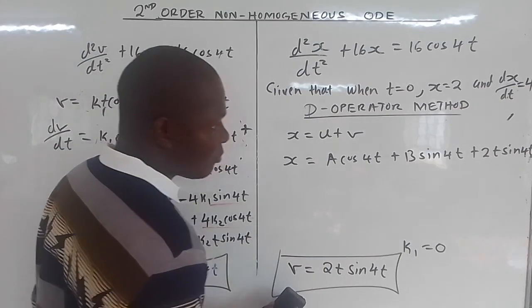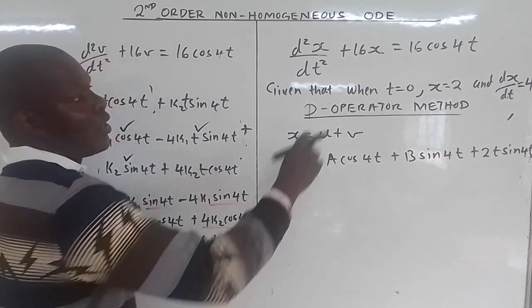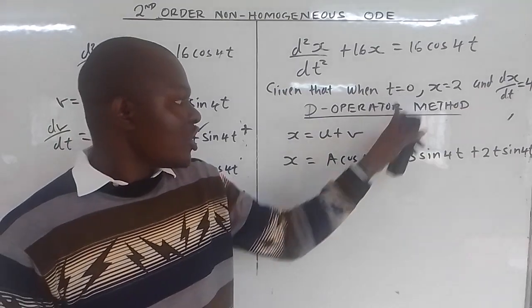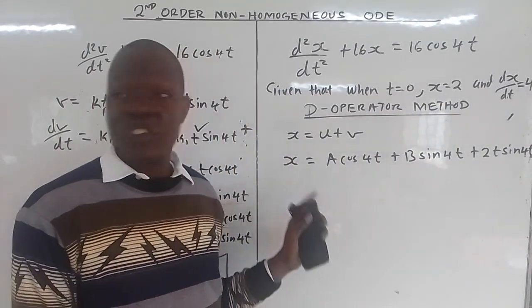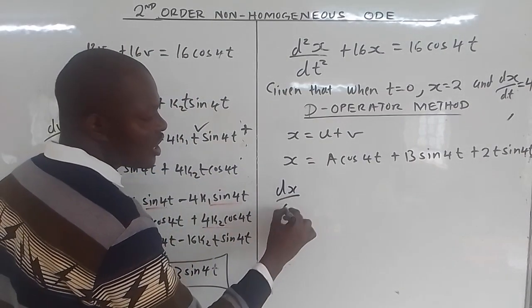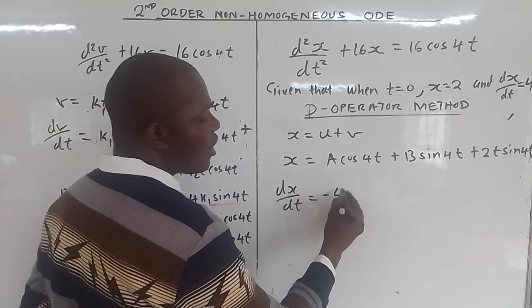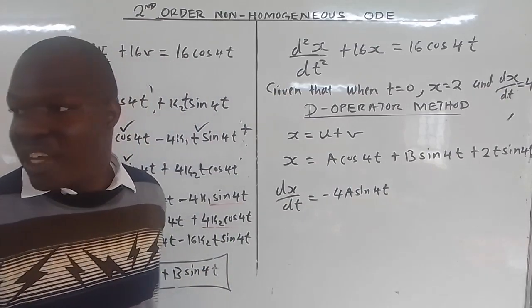So start the boundary conditions. When x is 2, t is 0, isn't it? So when we have dx over dt, meaning we need to differentiate this equation, isn't it? So if we differentiate x with respect to t, if you differentiate cos 4t, you get negative 4 sine 4t, then times your a which was there, isn't it?